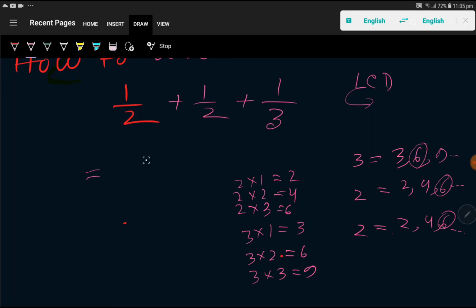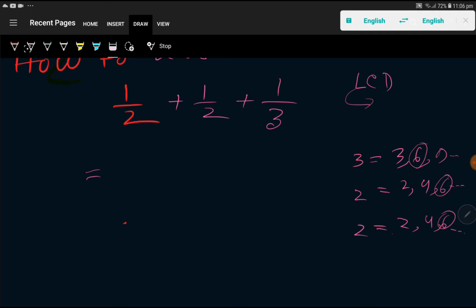So to make 6, I will multiply these two by 3, and I will multiply these two by 3, and I will multiply this 3 by 2. Then I will get 6, right?